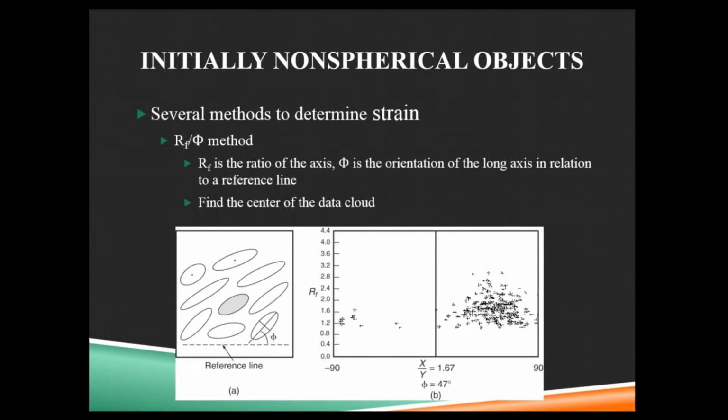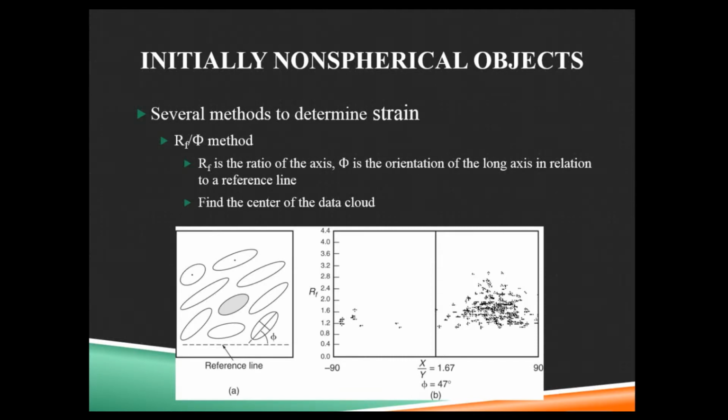This is another method here, the RF method, taking the ratio of the axes. Phi is the orientation of the long axes in relation to the reference line. Find the center of the data cloud, and you're going to see something that will look kind of like this.